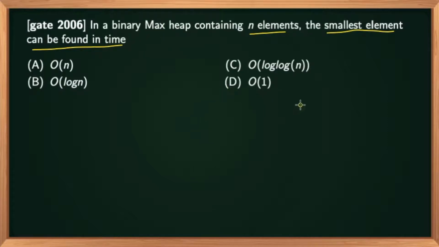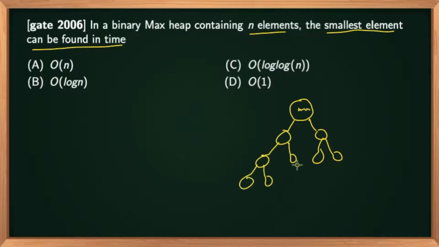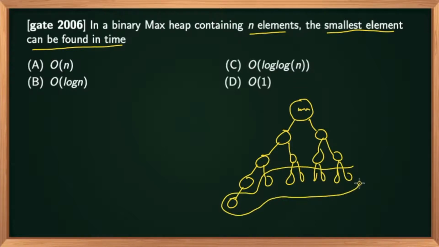What we know about a max heap is that you have the maximum element in the root, and let's assume you have some nodes, some keys, something like this. What you should note is that in a max heap, the minimum element will be in the leaf, and we know that approximately we will have n by 2 elements in the leaves.